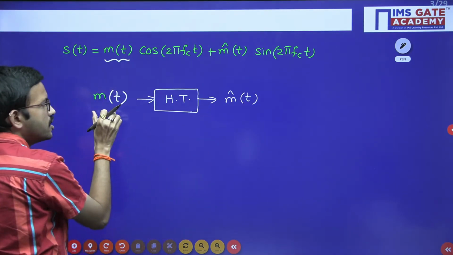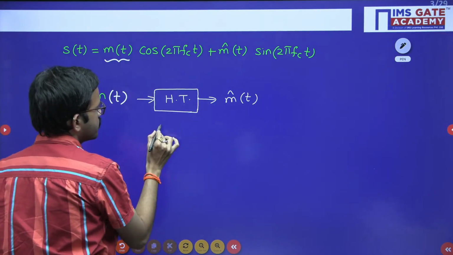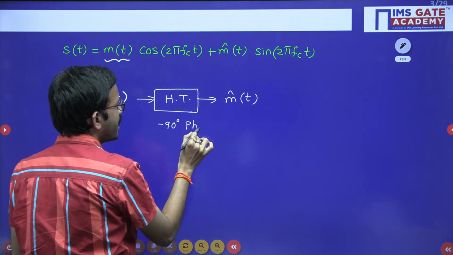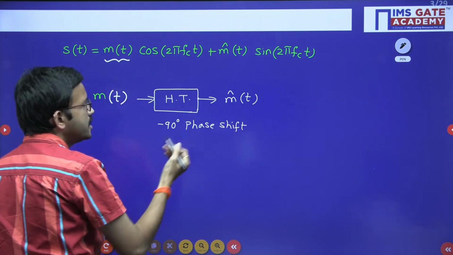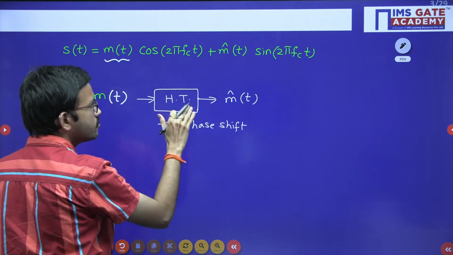So when compared to m of t, here you are getting minus 90 degrees phase shift. This Hilbert transform will provide you a phase shift of minus 90 degrees. Either minus 90 or plus 90 you can consider. Okay. So m of t, if you are passing through Hilbert transform, you are going to get m cap of t.